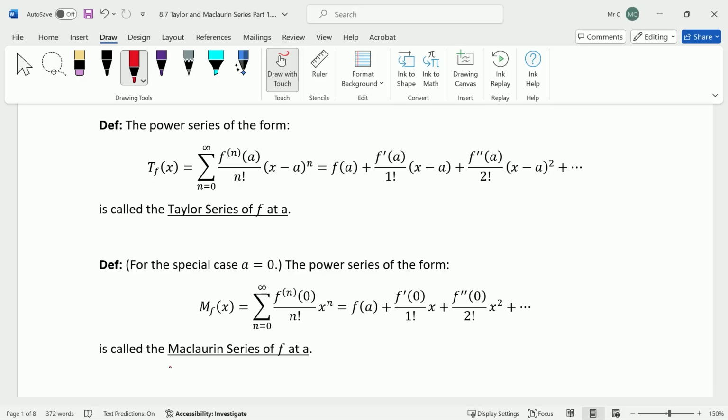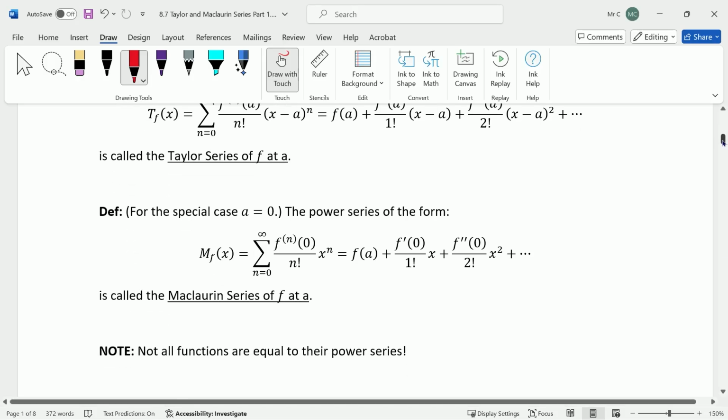Both of these are just named for mathematicians that studied them heavily. After the Taylor series was discovered, Maclaurin did a lot of research into this special case, and so he got credit for the naming of this special case.